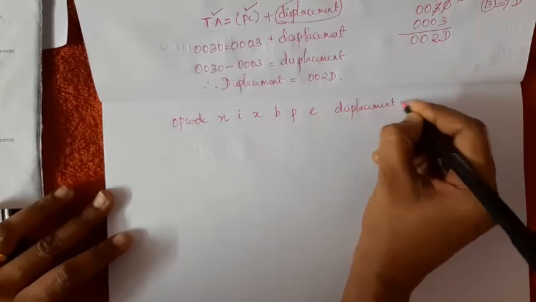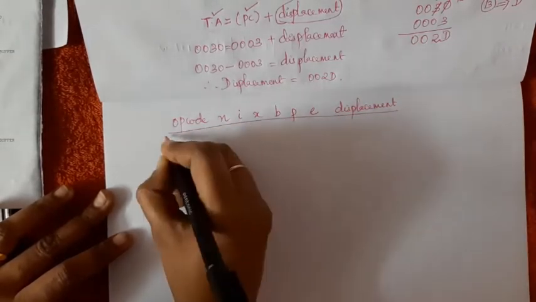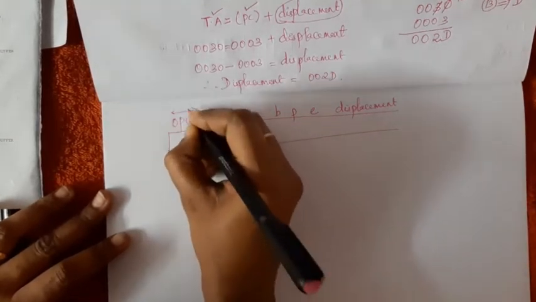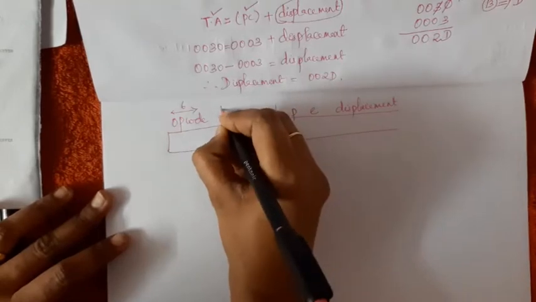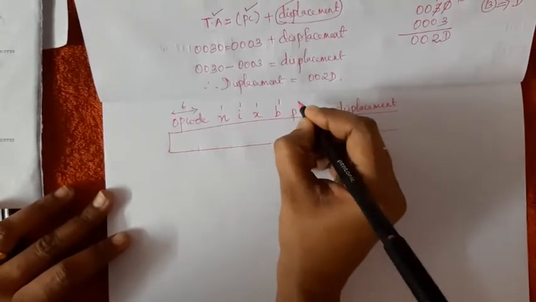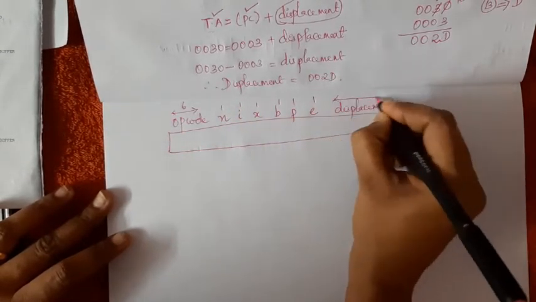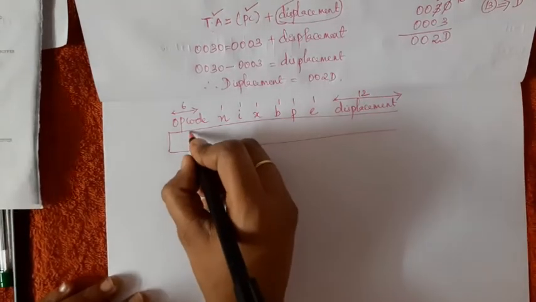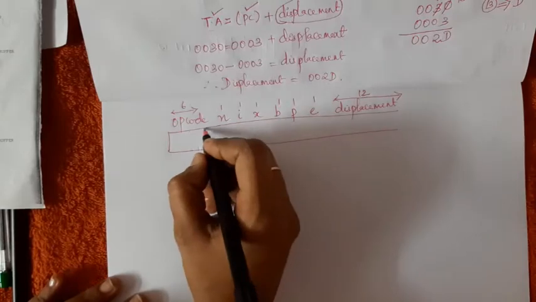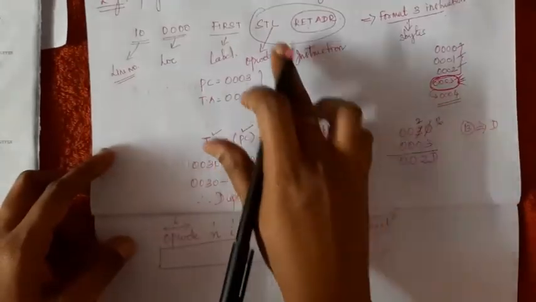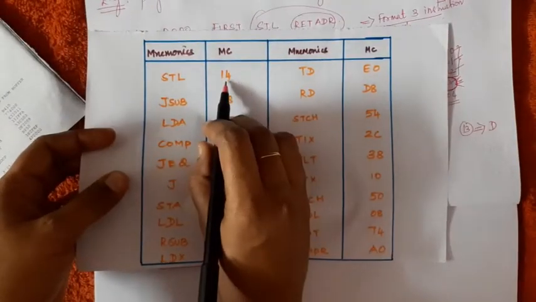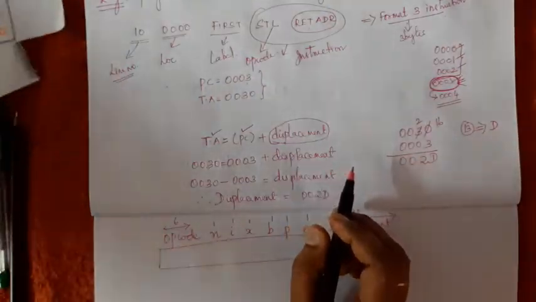The opcode holds 6 bits, each of N, I, X, B, P, E holds 1 bit, and the displacement holds 12 bits. Now we have to write the opcode. What is the opcode here? STL. The value of the opcode is 14. So we have to write 14 here.